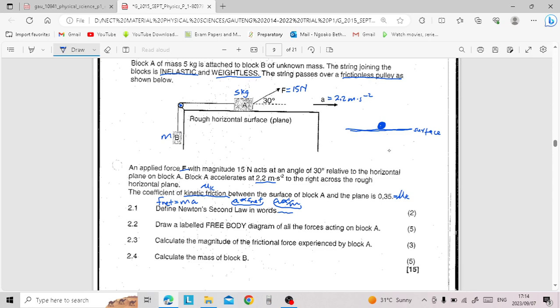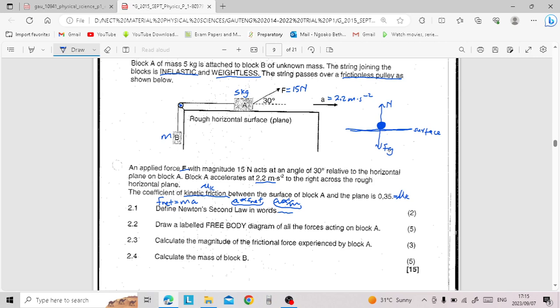The first force is the normal force, perpendicular to the surface. Then we also have gravity, Fg, acting downwards.